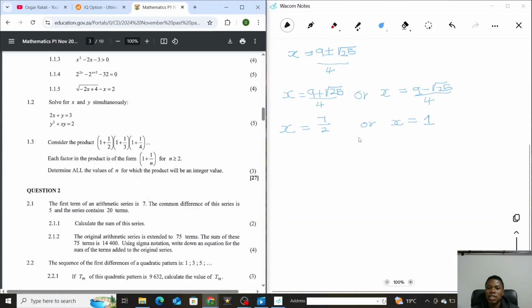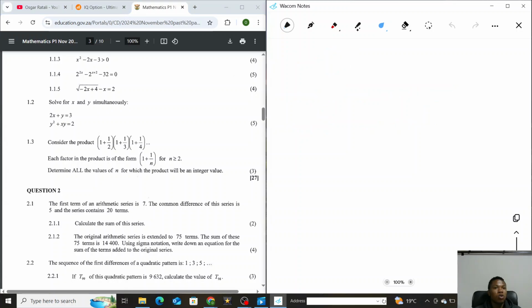Okay, let's do 1.3. In order to do 1.3, let me take my notes for 1.3. You must know what is your product. A product is a result of multiplying 2 or more numbers together. For example, if you say 3 times 4, you're going to get 12.